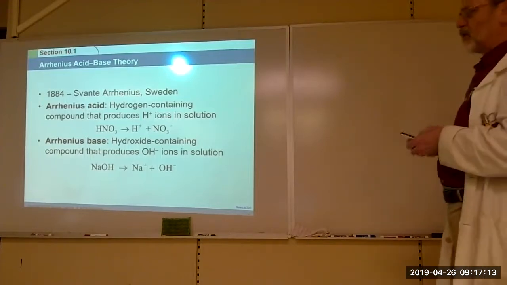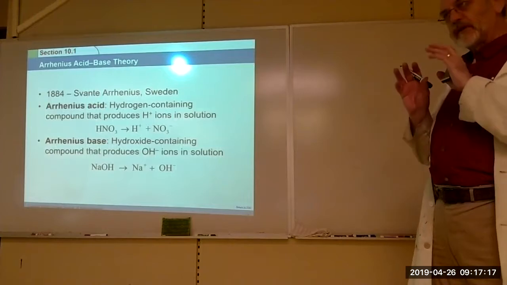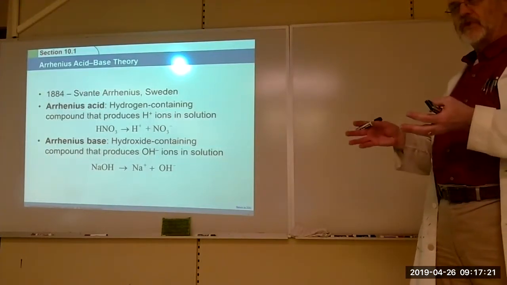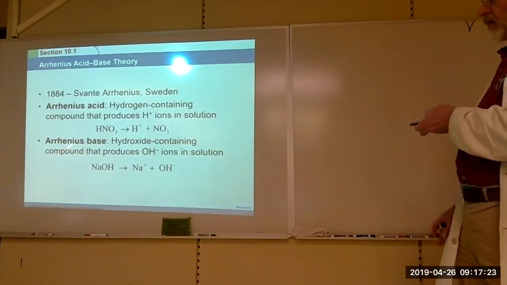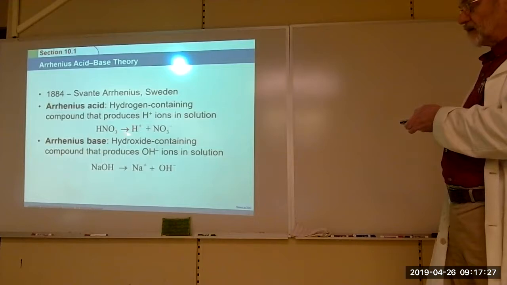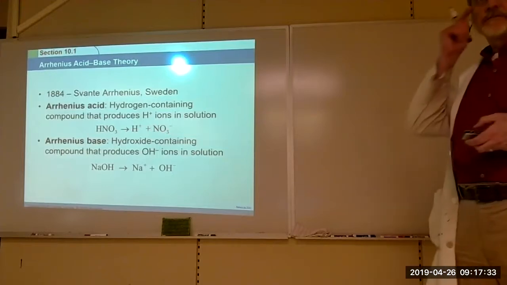But Arrhenius proposed that an acid is anything that when you put it in aqueous solution, it produces protons. Right? So this is nitric acid, so when you put it in solution, it dissociates into hydrogen ions, which is a proton, and nitrate ions. Okay?